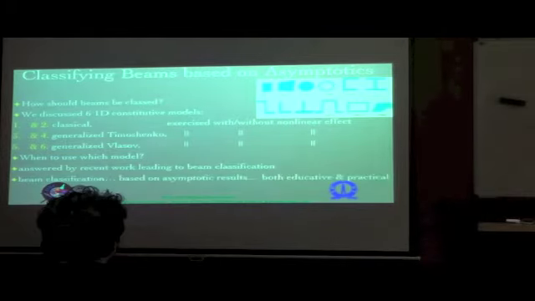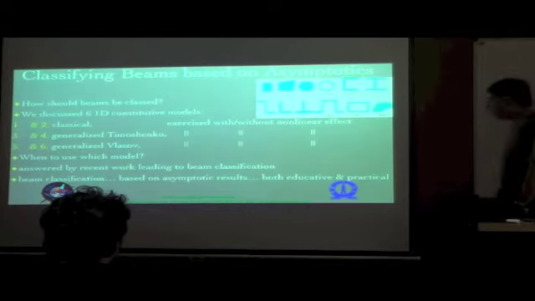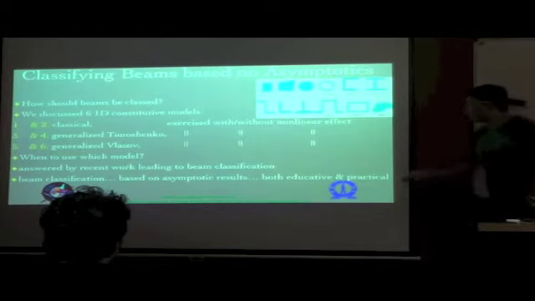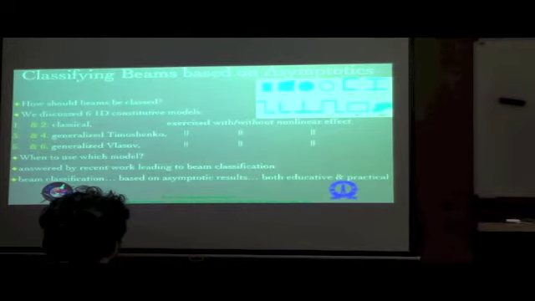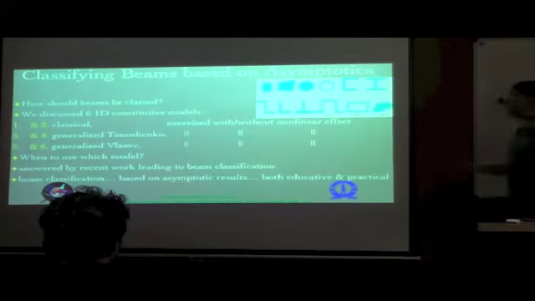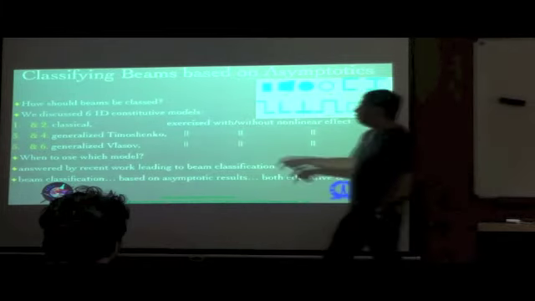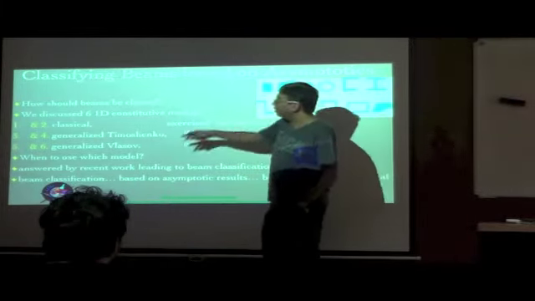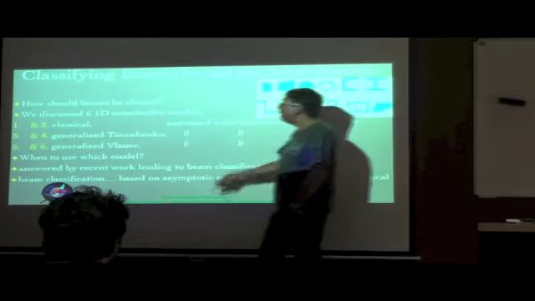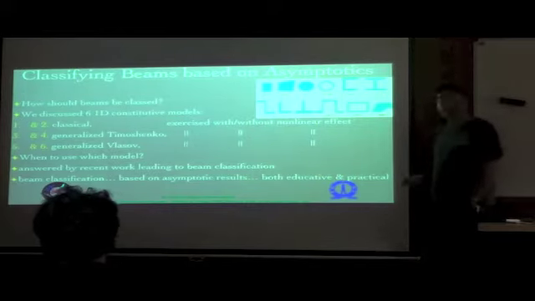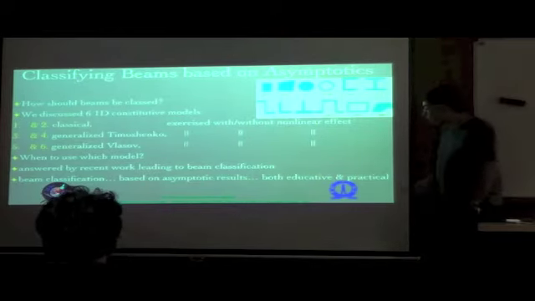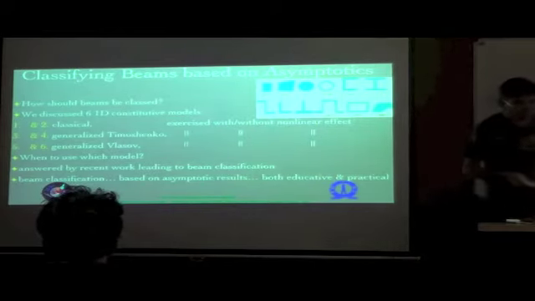The beam classification, as I said, will be based on the asymptotic results, and once we go through this, it will be very clear that the utility of the classification is that you will be able to choose which model amongst these 6 to use for a new candidate beam. But even the classification by itself, even without looking into an application point of view, will be educative and quite practical, as you will observe shortly.